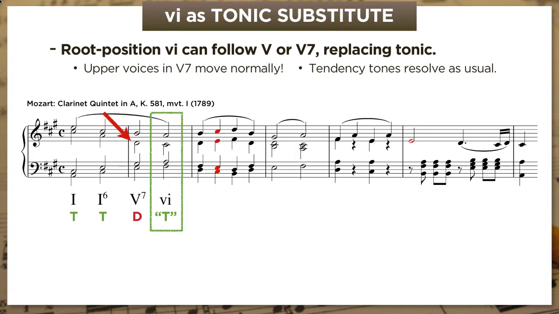The chordal 7th D natural falls to C sharp, just like it should. And the top voice B natural, scale degree 2, also falls to tonic, which it usually does. The only difference is that the bass of 5/7 moves up by step to scale degree 6. This is often called a deceptive bass motion.